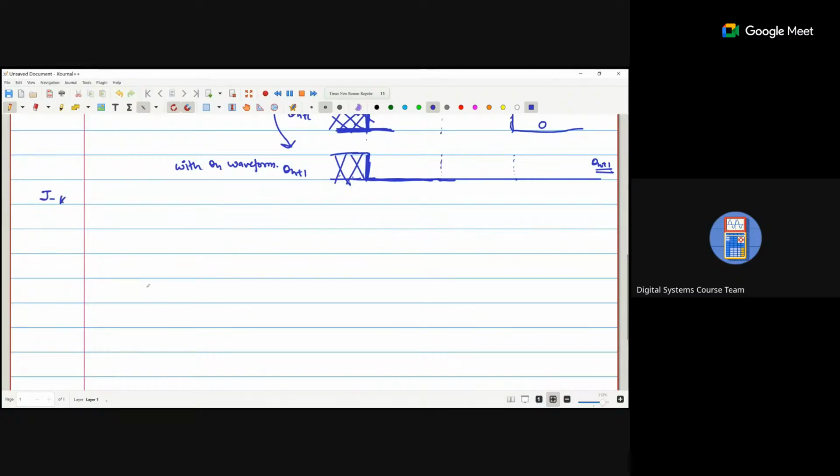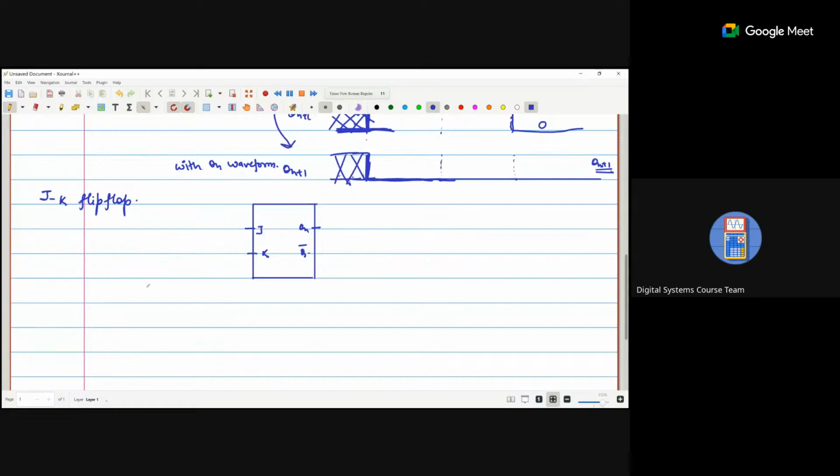Now, after that, the JK flip flop. Basically, the JK flip flop is named by the scientist. We have two inputs, one is J and the other K, and outputs Qn and Qn bar.